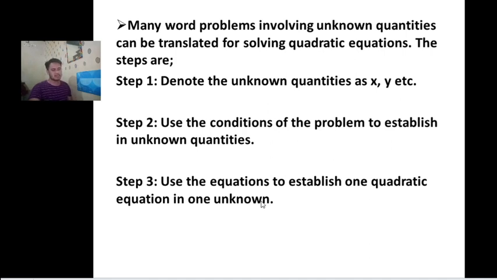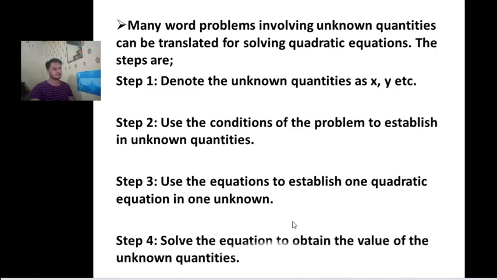So we will set up our quadratic equation with one unknown, with one variable only. Next, solve the equation to obtain the value of the unknown quantities. So if we have our quadratic equation, we will solve it using the techniques in solving quadratic equations. But here, we will just use factoring.